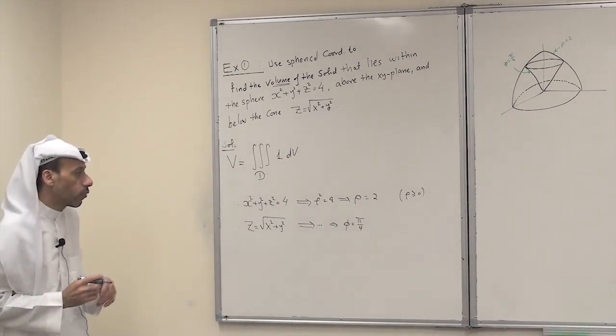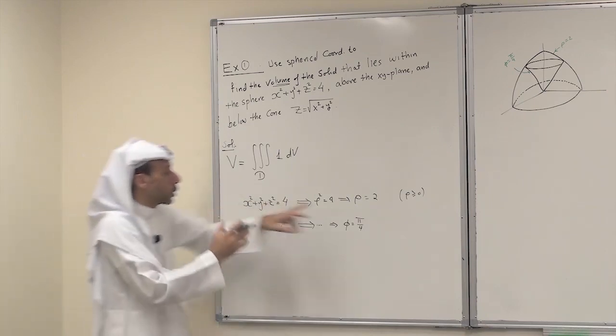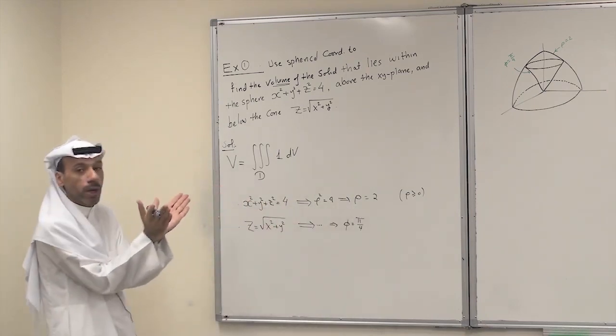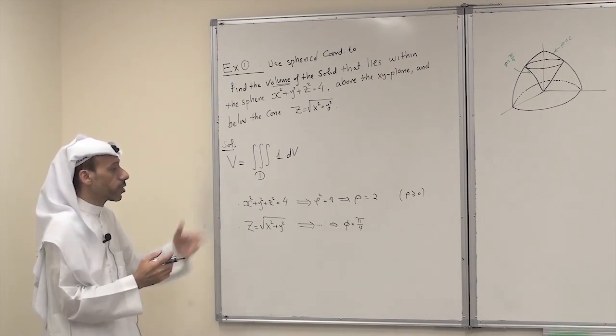So we leave this for you to do. So now the solid is inside the sphere, rho equals 2, below the cone, phi equals pi over 4, and above the xy plane. Okay. Let's sketch this solid.